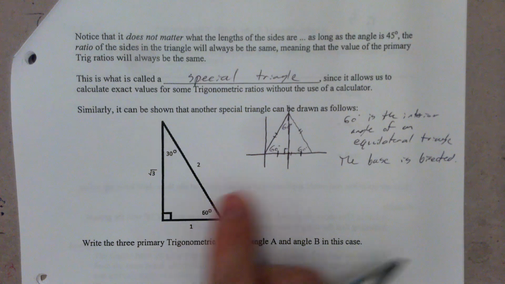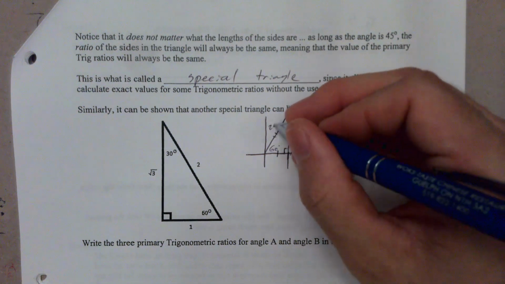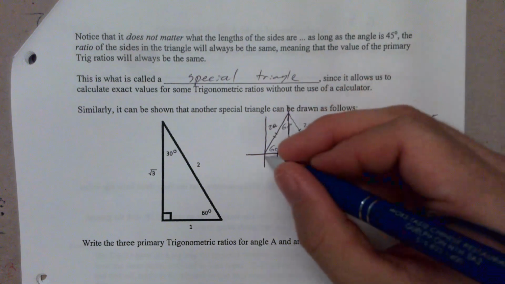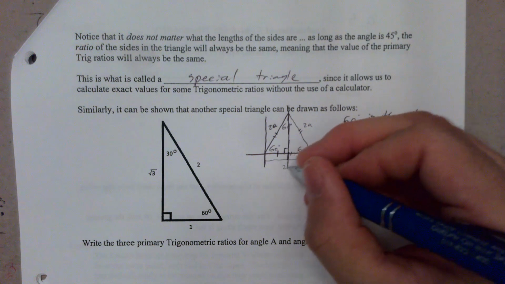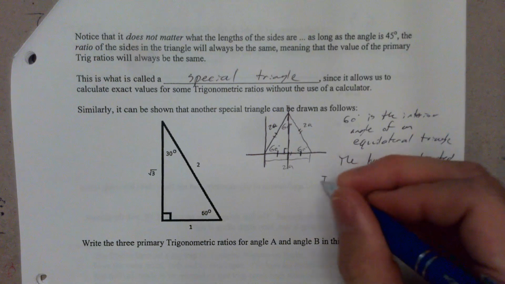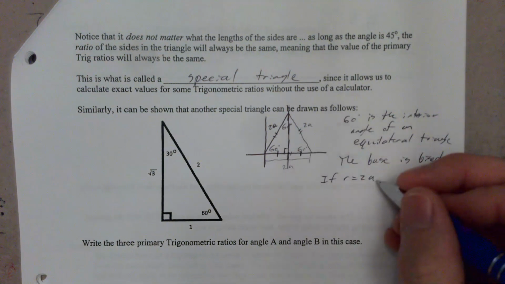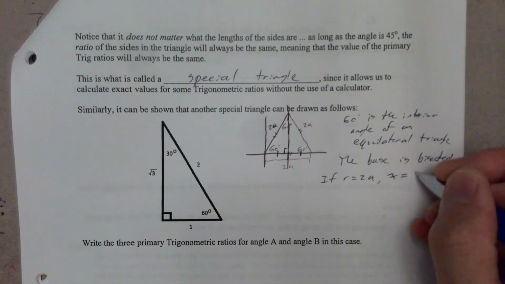That would be difficult to cut in half. I'm going to make it 2. I'm going to make it 2a. Again, to show you that it doesn't matter how long we make it. 2 times something. Okay. So we say if my radius is 2a, because it's bisected, that means that my x value is going to be 1a.